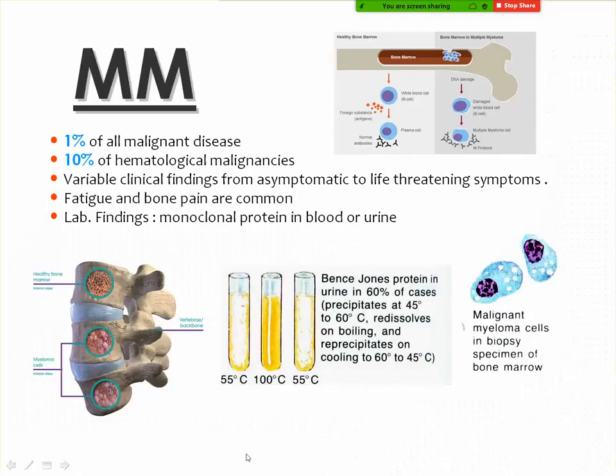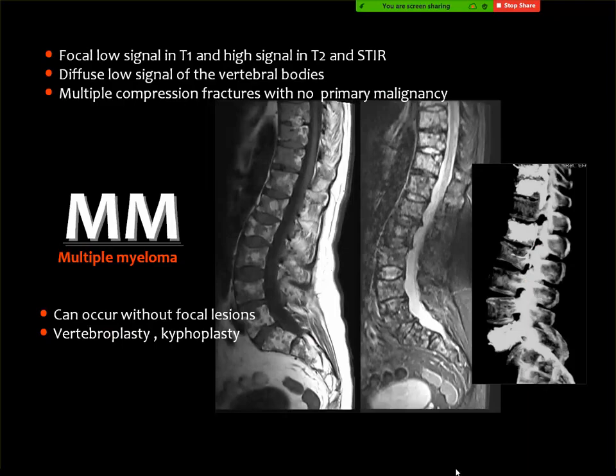think of myelofibrosis. And you know that myeloma represents 1% of all malignant diseases and 10% of all hematologic diseases, and there are many tests, including the Bence-Jones proteins in urine, to diagnose multiple myeloma. In MRI, the lesions are not usually appreciated in the T1 weighted image, but well appreciated in the T2 weighted image.